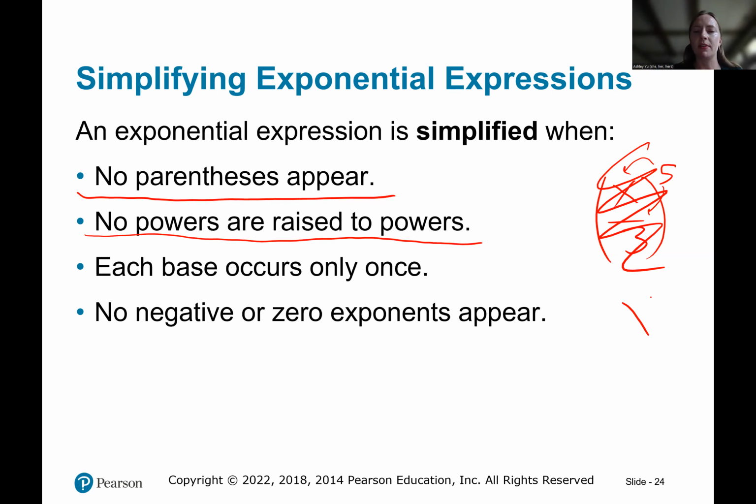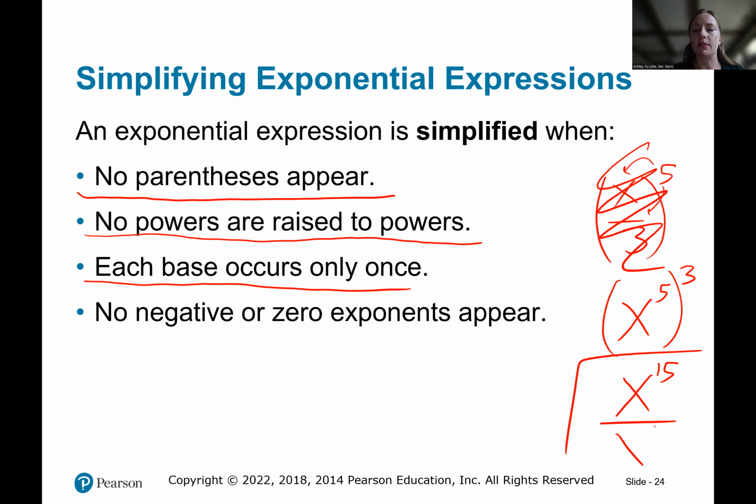So yeah, if you saw on the previous page, x to the 5th to the 3rd, don't leave your answer like that. Multiply the powers like we saw. Each base occurs only once. So if you ever see a fraction like x to the 15th over x to the 6th, you don't want to leave it like that because that's almost like low-hanging fruit. We know a way to simplify that. You subtract the powers.